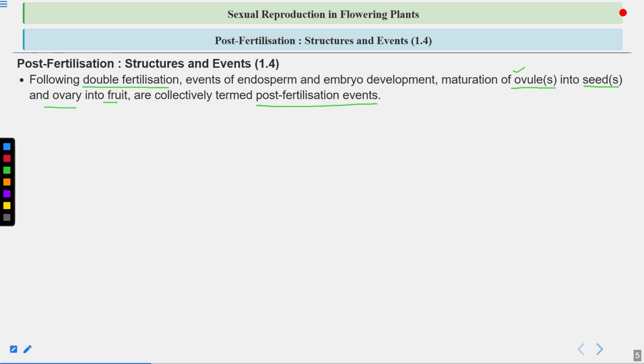These two changes are also there. So, what are the changes? Formation of embryo, formation of endosperm, the whole ovule changes to seed, ovary changes to fruit, and all the other parts wither away.